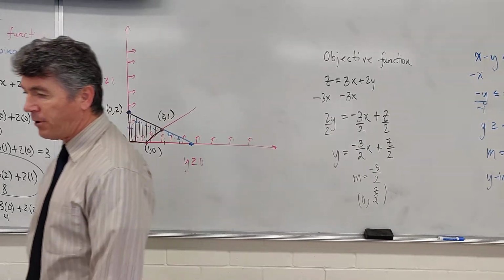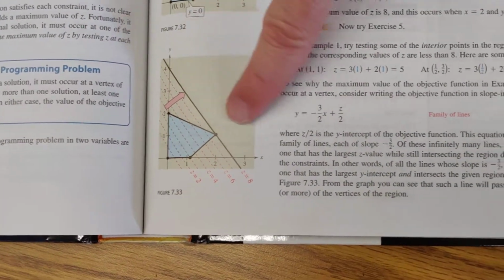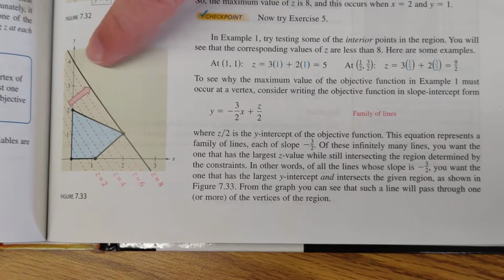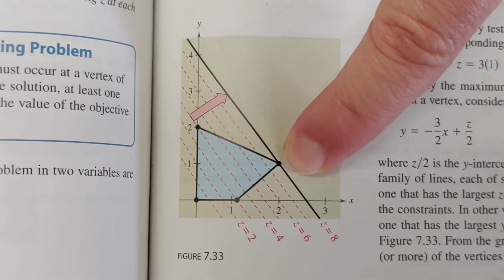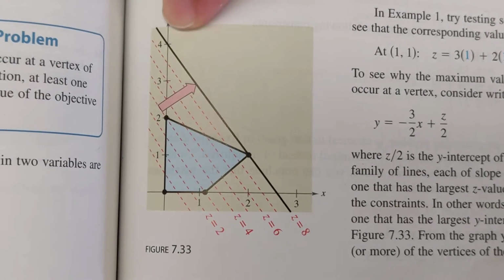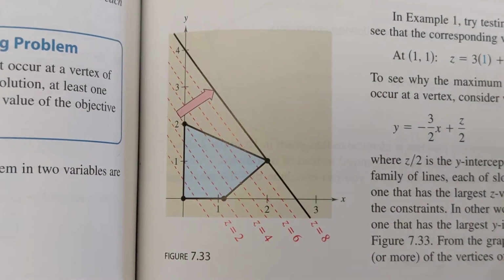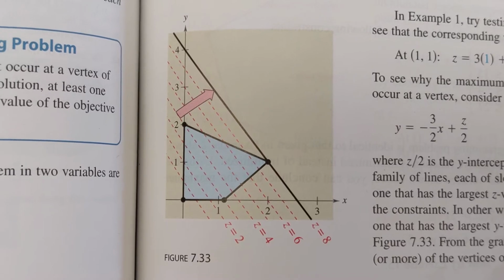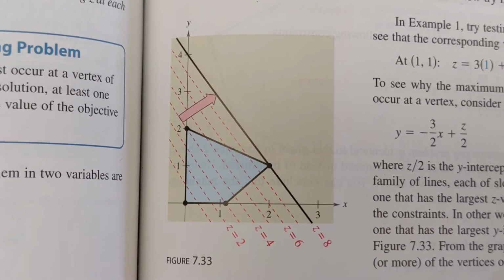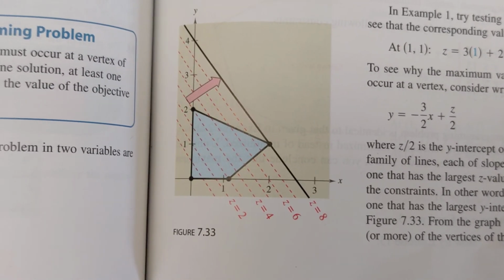The authors of the book drew many such lines, and we notice the darkest one right here, the one that passes through 2, 1, has the highest value of z. Z equals 8. So like I said, this is not a proof, but it is as good as a proof in this case. That's the end of example 1.